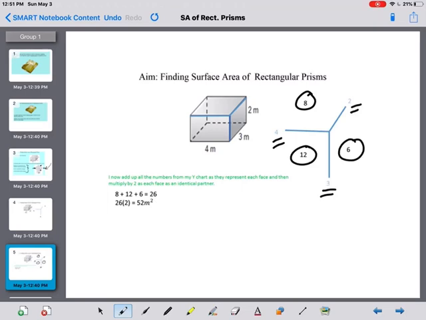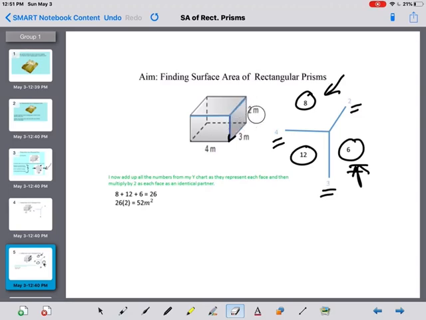Make sure you realize that those are also the areas of the sides of the rectangular prism. So for example, if we wanted to take a look at just this front piece here, we would have a length of 4 meters, and this side here is the same as this side. So that area is 8, which is represented in this piece of the Y. If we wanted to find the area of the side, we have a length of 3 and a width of 2, and that's where the 6 is coming from.